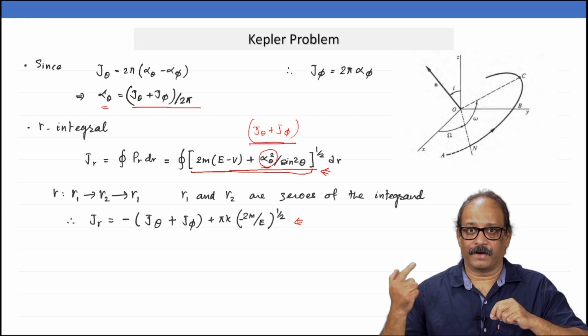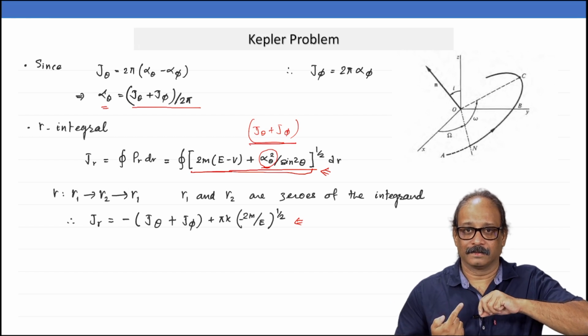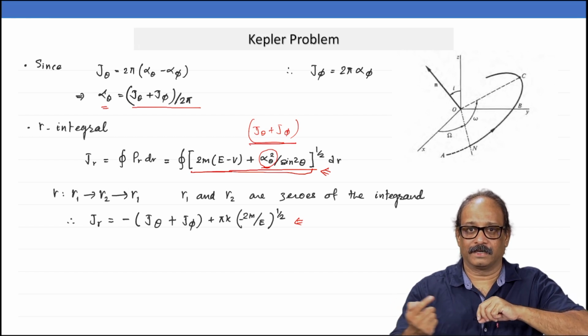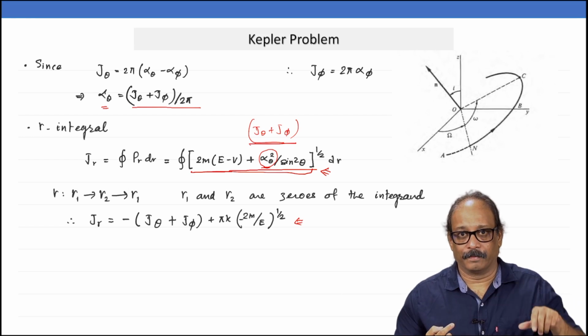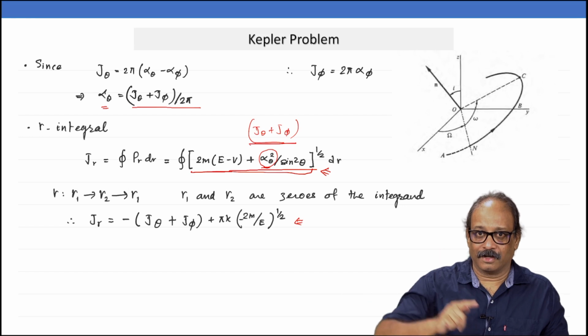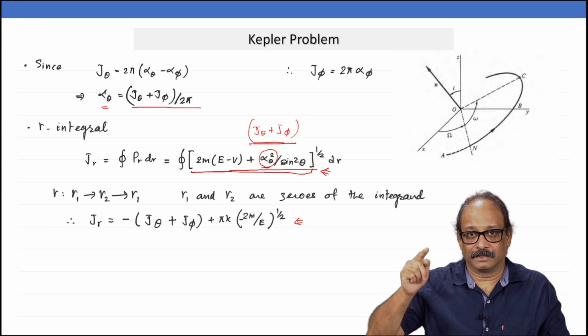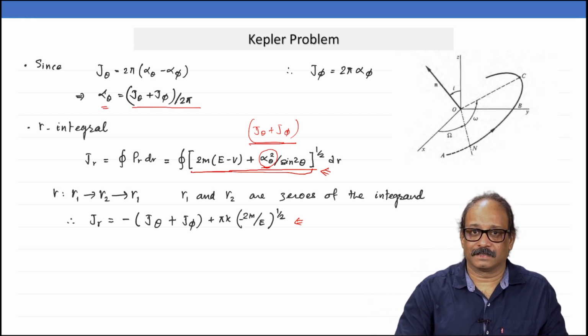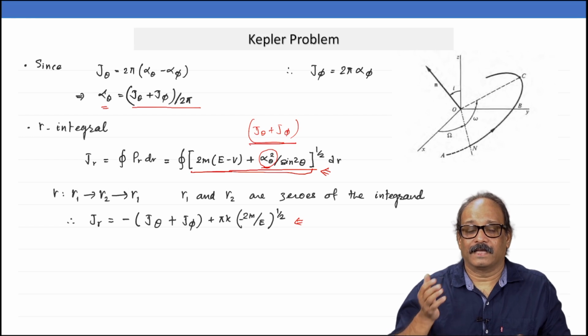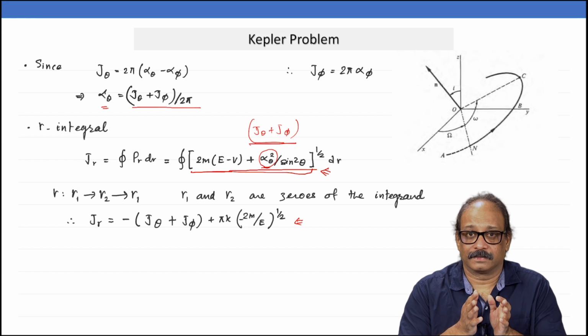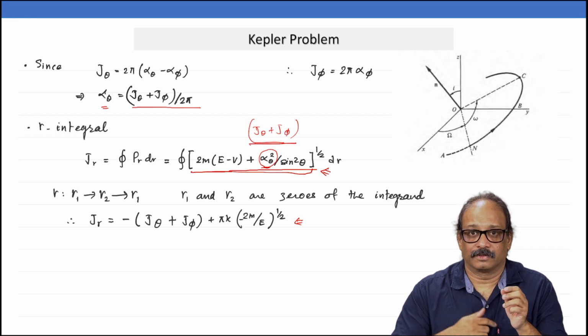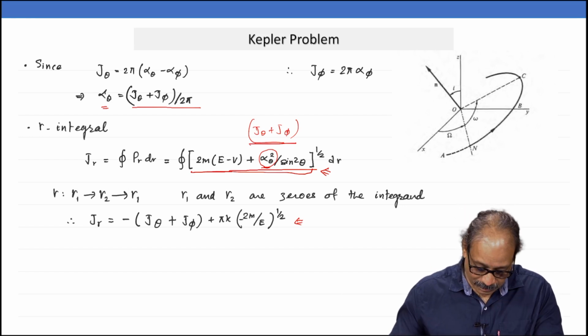So, by the time phi does 2 pi, or the particle goes along a trajectory completing the phi angle from 0 to 2 pi, your theta has gone from theta naught to pi minus theta naught and back. That is exactly a statement that your orbit is a planar orbit. Both of them have the same frequency.